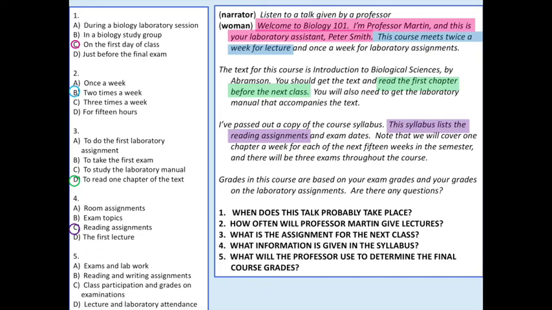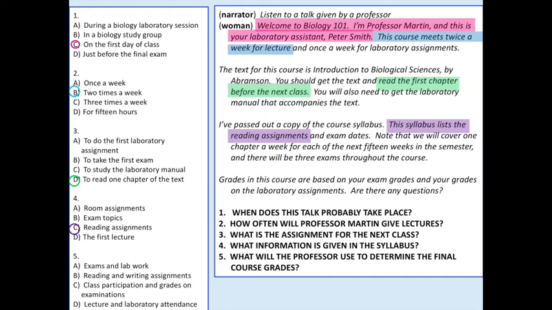The answer is the exact same wording as what you heard. Because remember, in part B and C, similar sounds are a good thing. The answer often sounds very similar to what you heard.